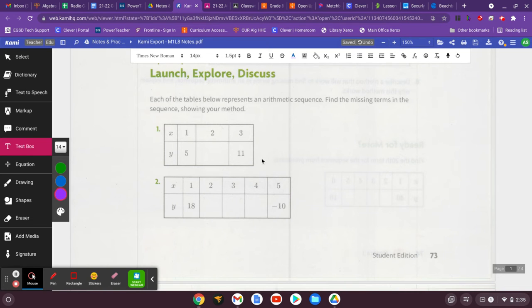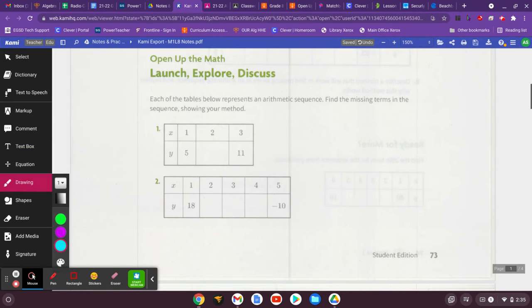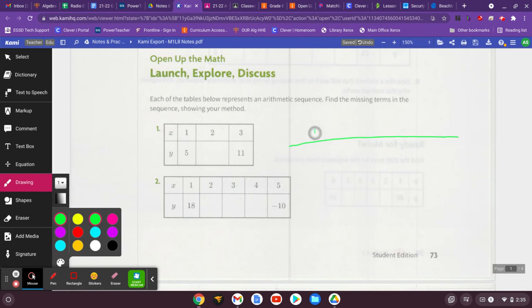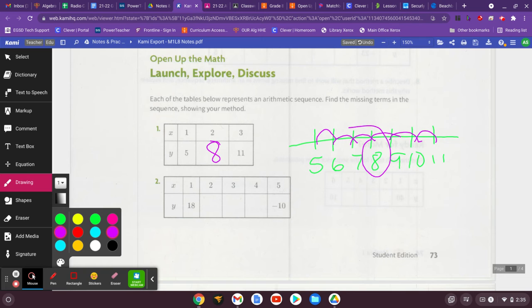Well, between 5 and 11, I'm just going to do a little tried and true number line. 5, 6, 7, 8, 9, 10, 11. If I take this number line and go in 1 on each side, in 1 on each, in 1 on each, that makes 8 my middle number.